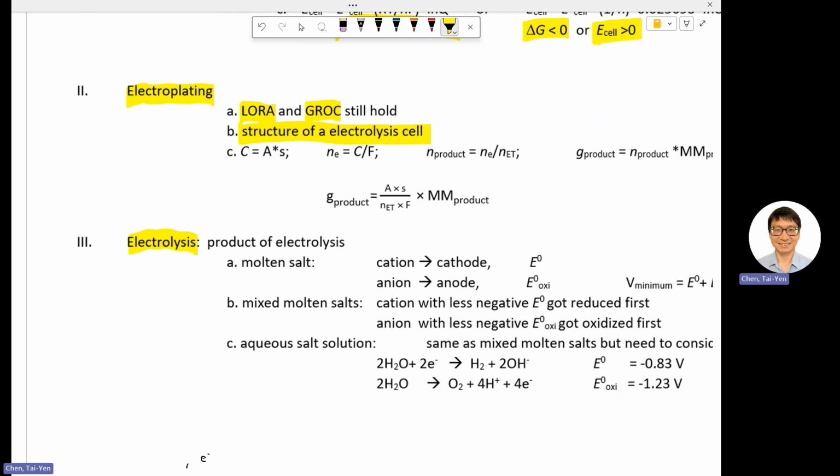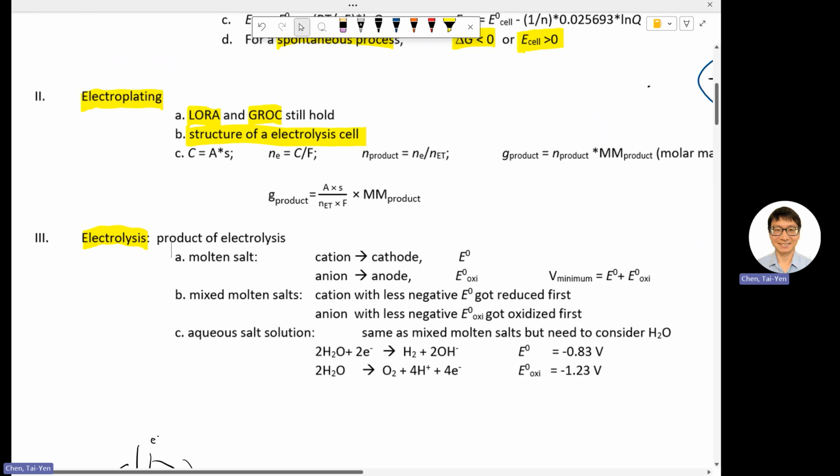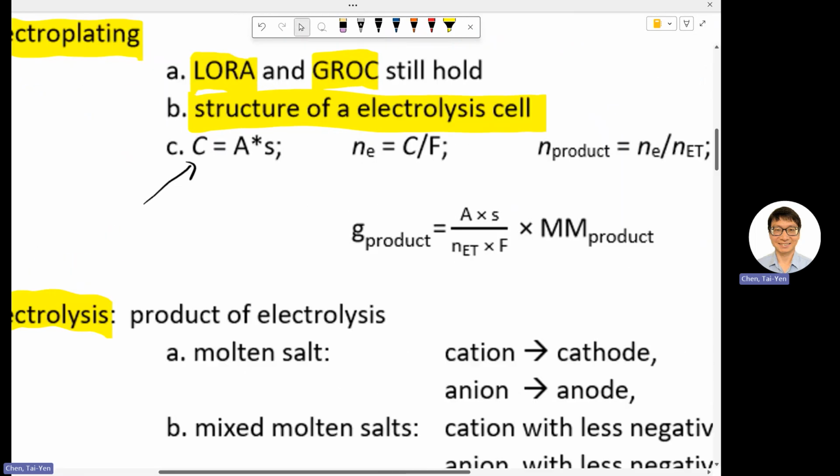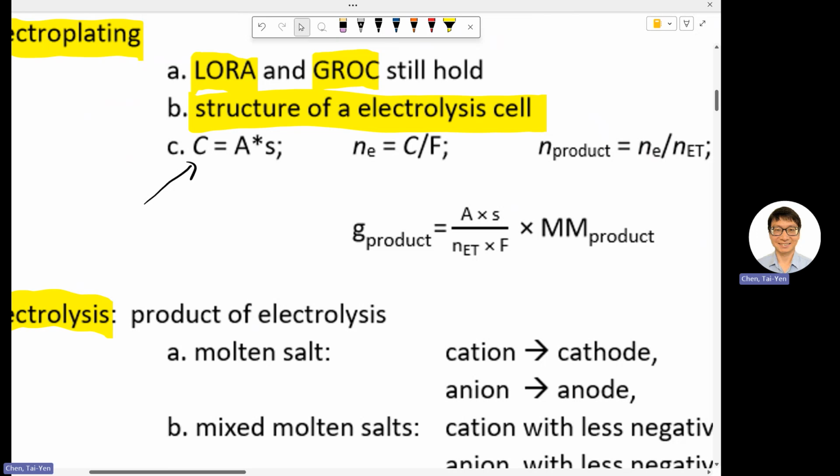For your calculations, the thing you need to know is how much current, or how many electrons, you have provided. The way you calculate it is you start from calculating how many coulombs you are bringing into your electrode. The way you calculate is the amps times the time in seconds. So this is the amp of your current, and this is the time in seconds.